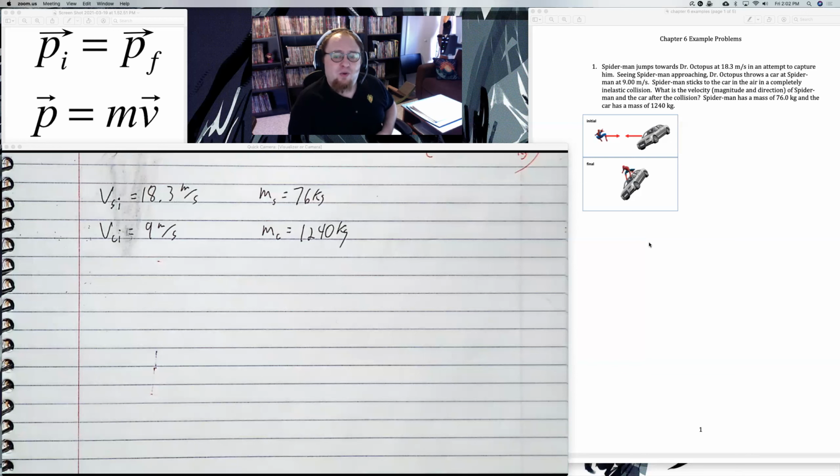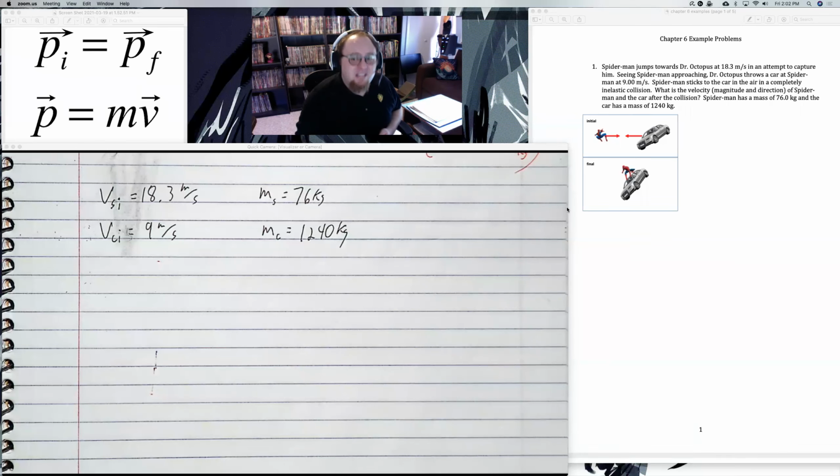When you're dealing with that, you have to deal with the vector notion of things. What direction something is going in is important. And when I look at that car, the arrow on it is to the left. Because that arrow is to the left, that means it's moving to the left.